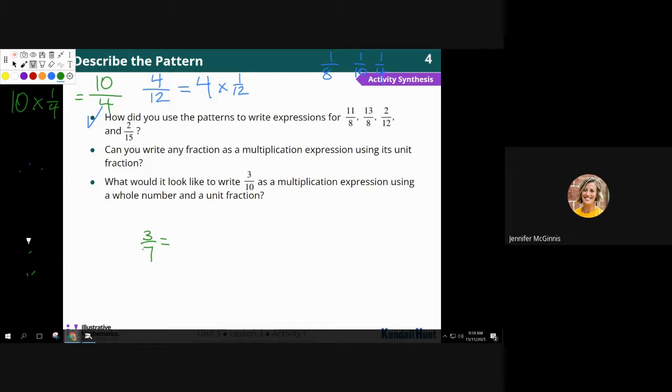For 3/7, what is the unit fraction? What is the unit fraction for 3/7, Dave? 1/7. And how many groups of 1/7 do you need to make 3/7, Gabe? 3. 3 times 1/7.